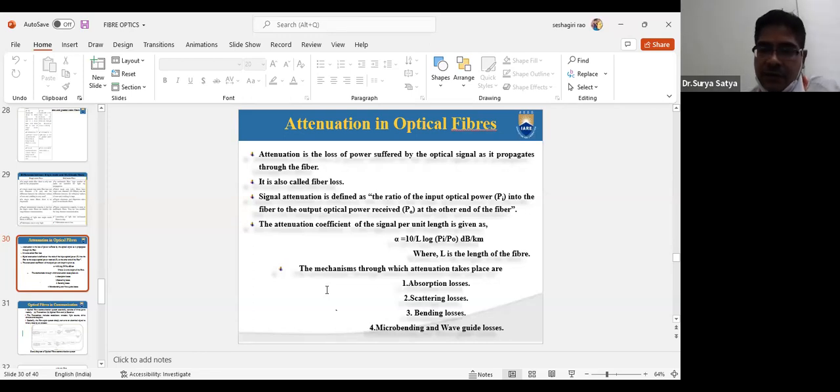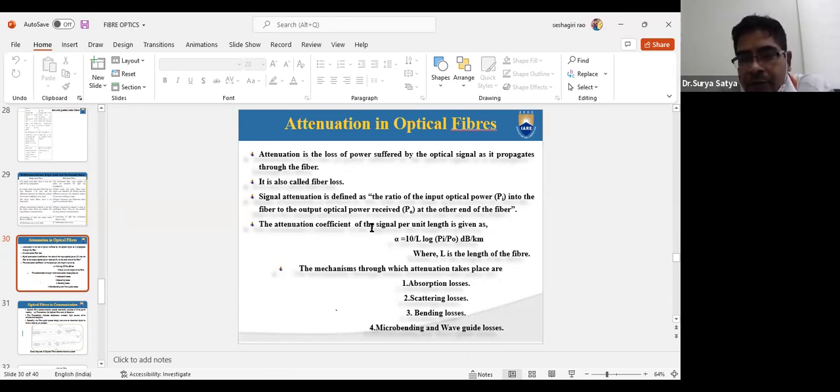How do we define this signal attenuation? It is defined as the ratio of the input optical power Pi to the fiber to the output optical power P naught at the other end of the fiber. We write it as alpha, the attenuation coefficient.